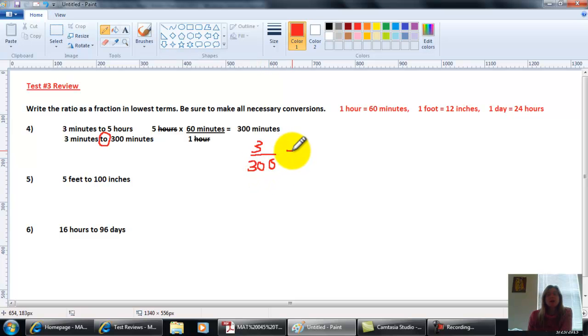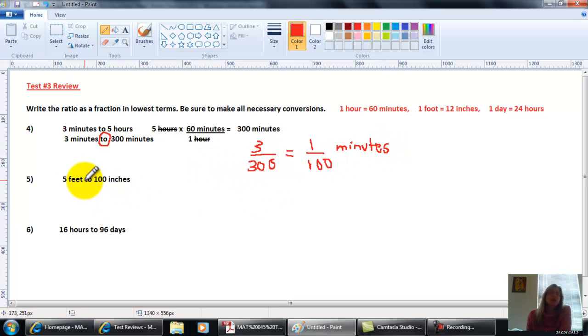And if you divide both the numerator and the denominator by 3, you get 1/100. So the ratio then is 1 over 100 minutes to minutes. And you would want to indicate that you had changed your units to minutes. Okay, so that's the answer for number 4.